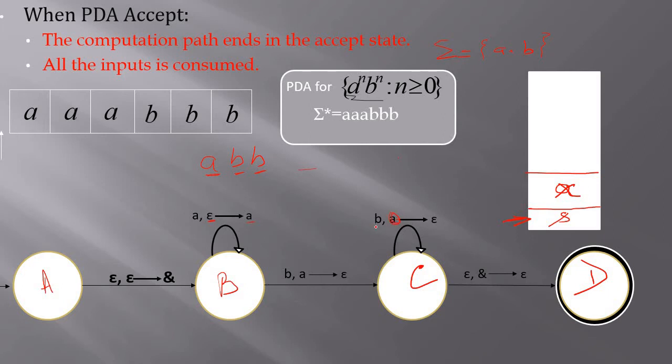We are reading B and it says pop A, but there is no A here. If we do a pop operation, it will be the dollar, our special symbol. So this is the error state.